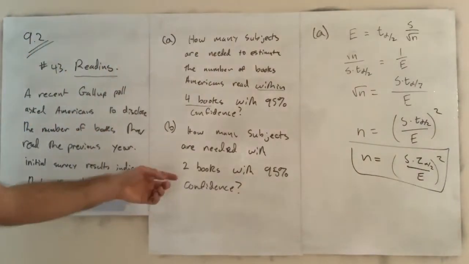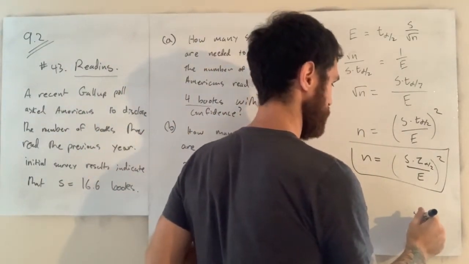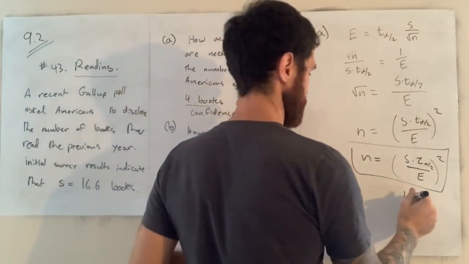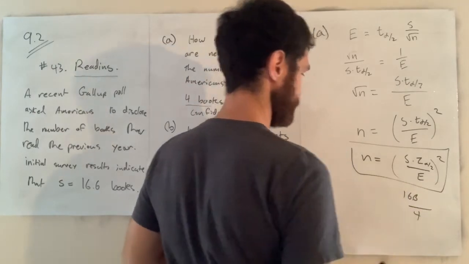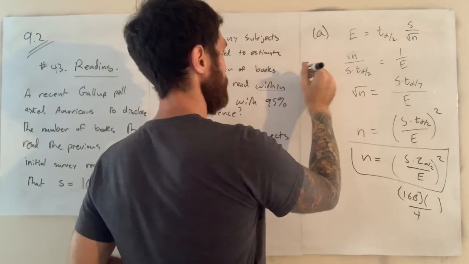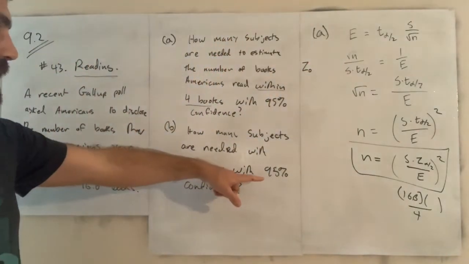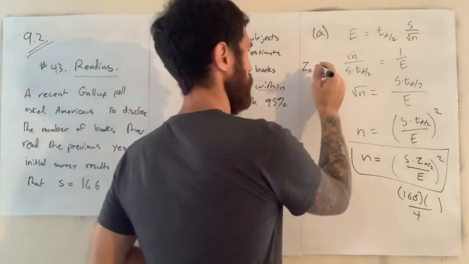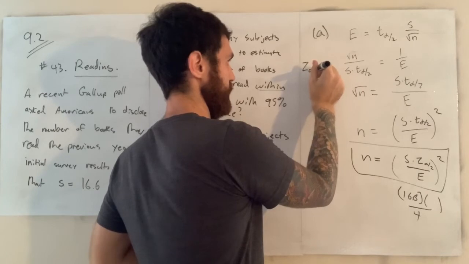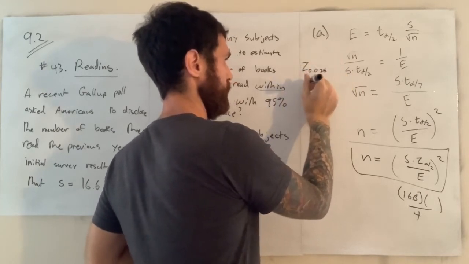And we're just going to figure out, well, if E is 4 and S is 16.6, and we want our Z value at alpha is 5%, or alpha is 0.05, so our Z value is at 0.025.